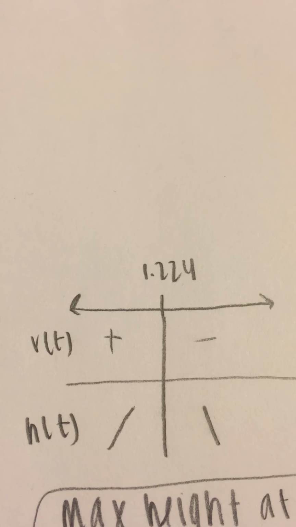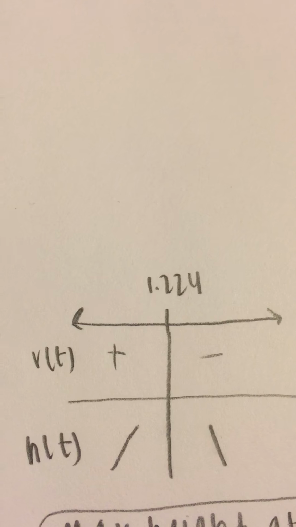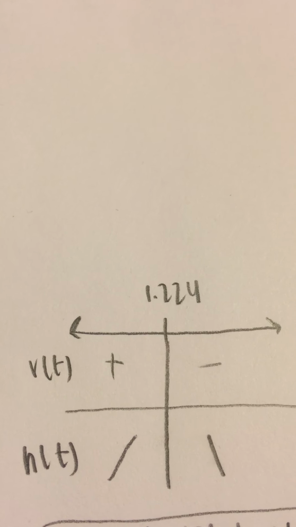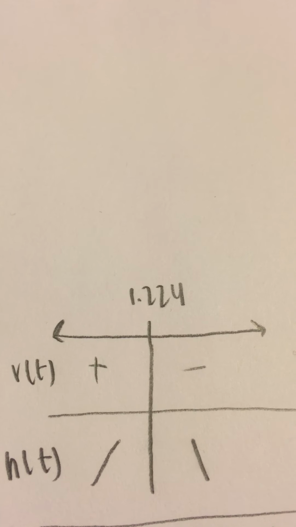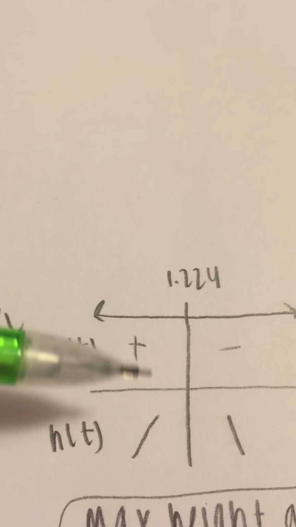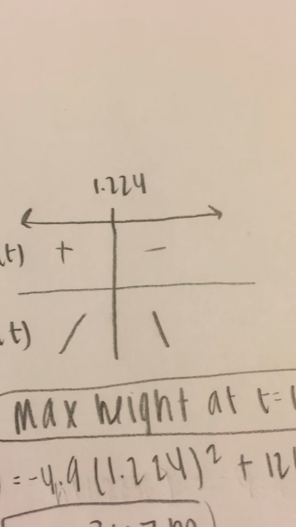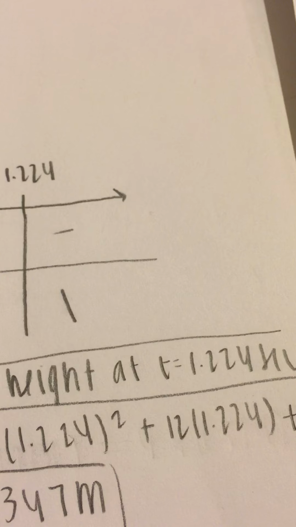And so when v of t is positive, h of t is increasing, and when v of t is negative, it is decreasing. And so from this right here, we can see that we have a max, and the max height is at 1.224 seconds.